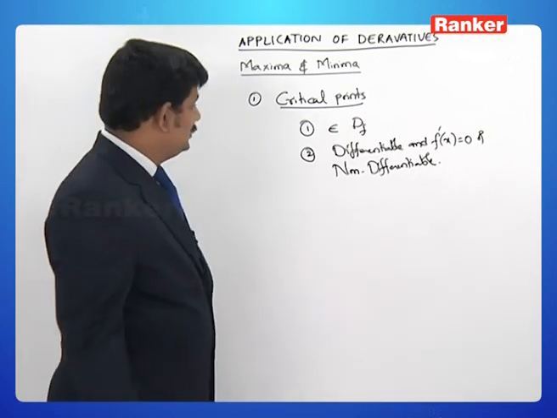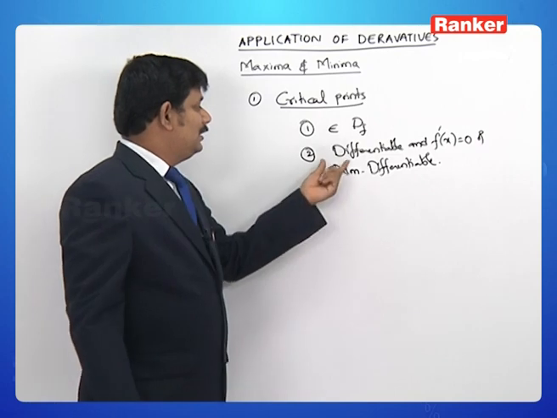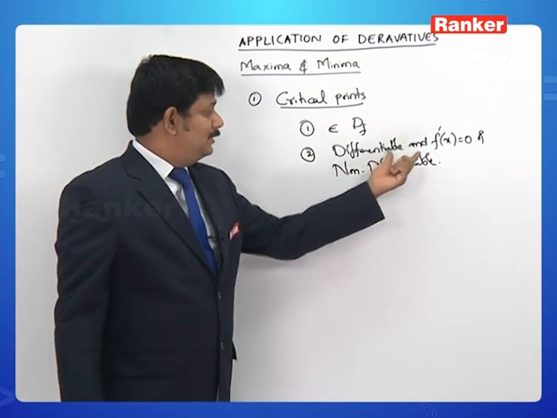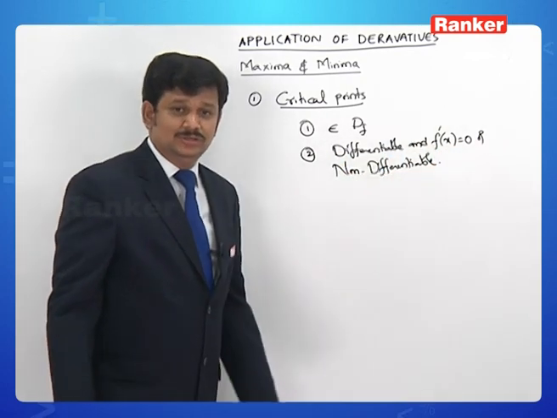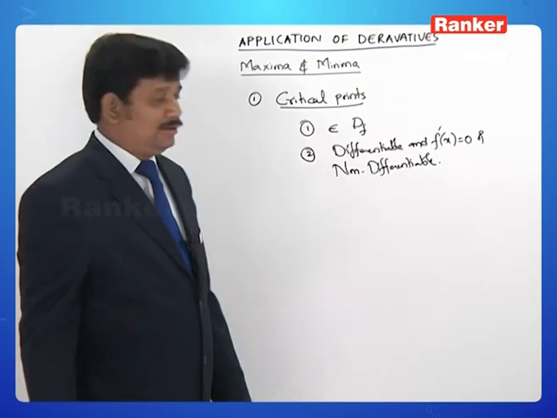Critical points are points in the domain where the function is differentiable and f dash x is equal to 0, or the function is not differentiable at all.